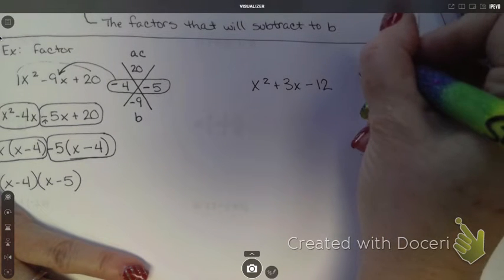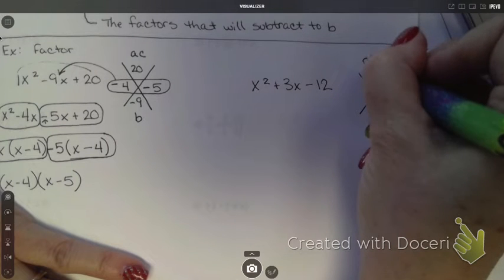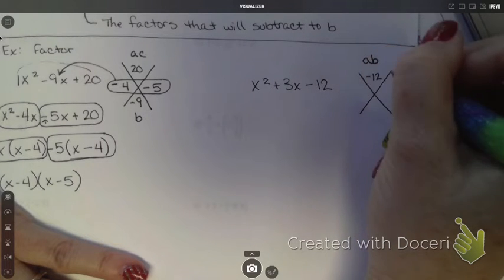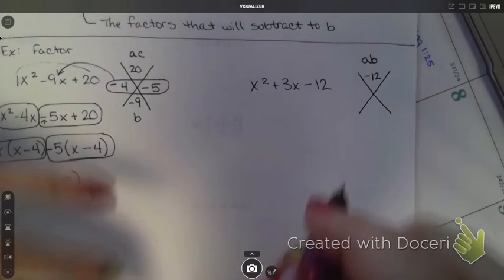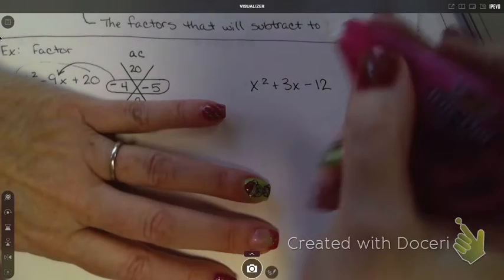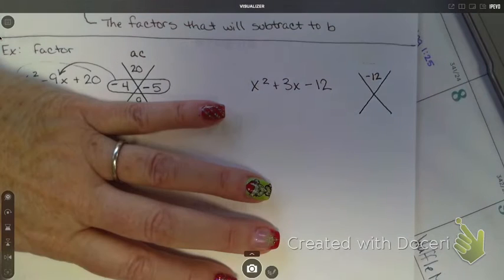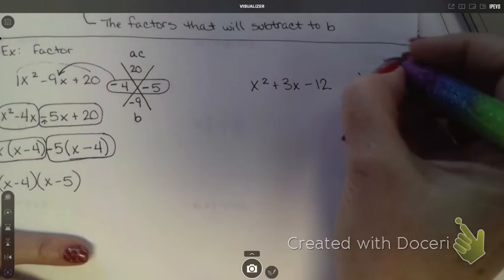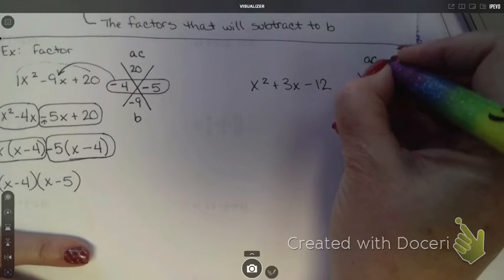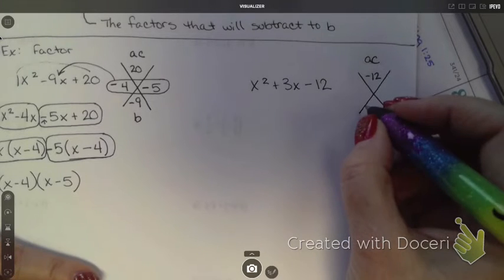It's a times c, which would be negative 12. And the bottom is b. And what is b? 3.